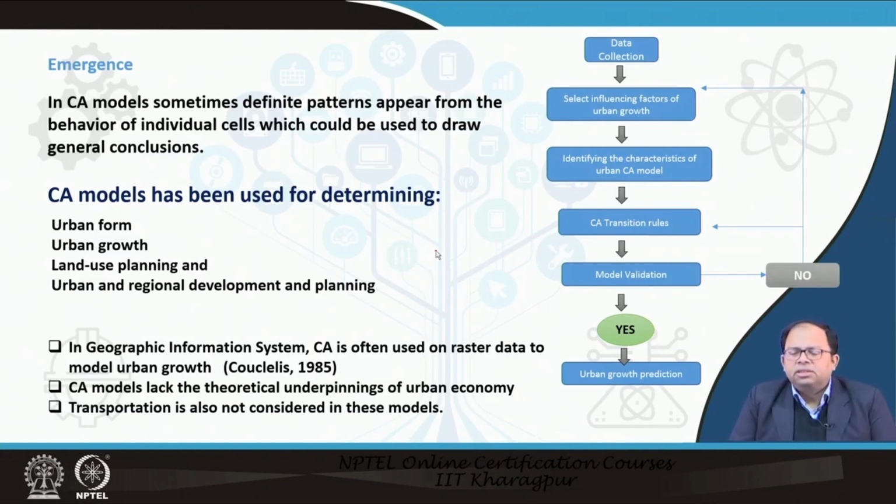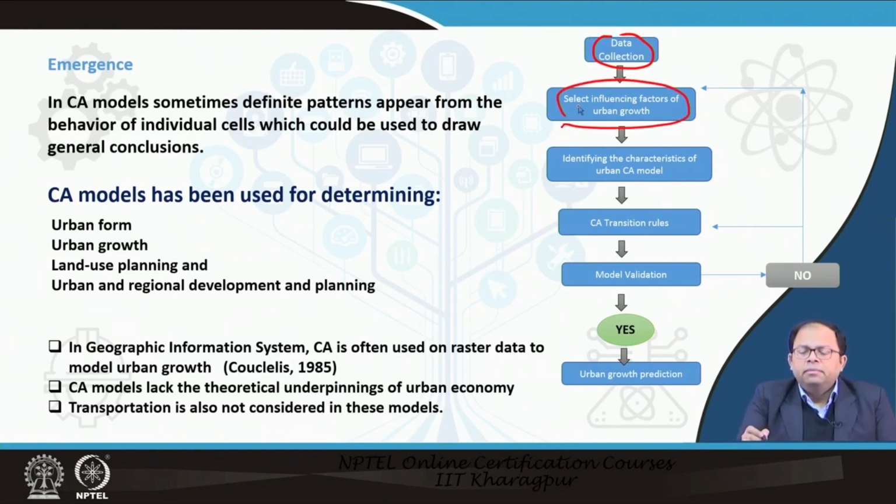So if I look at the typical structure of a CA model, you can see it starts with data collection over here, and then we determine what are the factors or characteristics or features that we will consider for determining urban growth. Then we identify, out of these attributes, which could be put into the CA model for formulating the transition rules, and then CA transition rules are formulated.